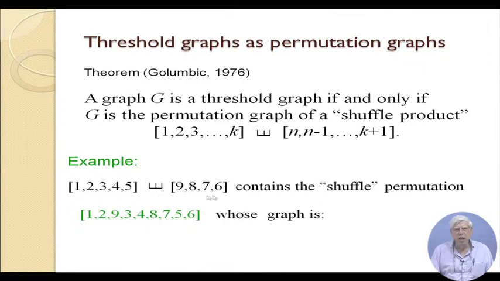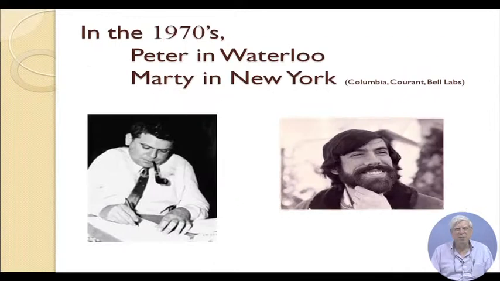So here is an example. You could just take them and shuffle them. So the order of 1, 2, 3, 4, 5 remains, and this 9, 8, 7, 6 remains, but you can shuffle them in any fashion that you like. And those are exactly the permutations that correspond to threshold graphs. Not the greatest, not the biggest idea in the world, but I thought it was very nice.